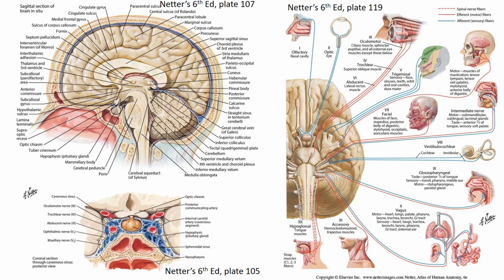Another couple of interesting things to note on this page, especially with the 7th and 8th nerves, as they both course through the internal auditory canal. When you're looking at them in a coronal view, you can see that the 7th nerve is superior to the 8th nerve, and you can see that a little bit here, but sometimes it gets confusing on the images.